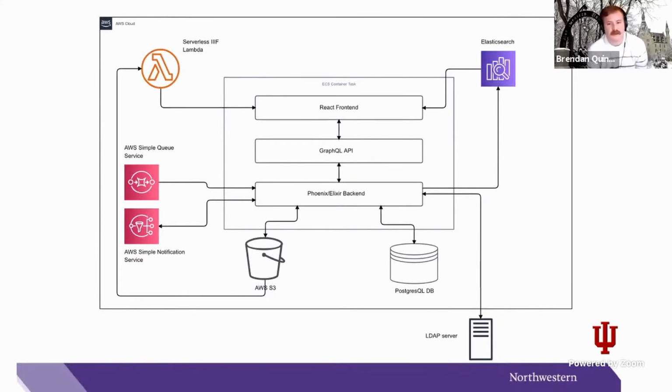So it's a Docker container, which is where our React, GraphQL, and Phoenix/Elixir application lives. So it runs in a Docker container as an ECS container task. And then outside of the container task, we have microservices that our application uses to communicate with, to do work, store data, send messages, grab users, things like that.